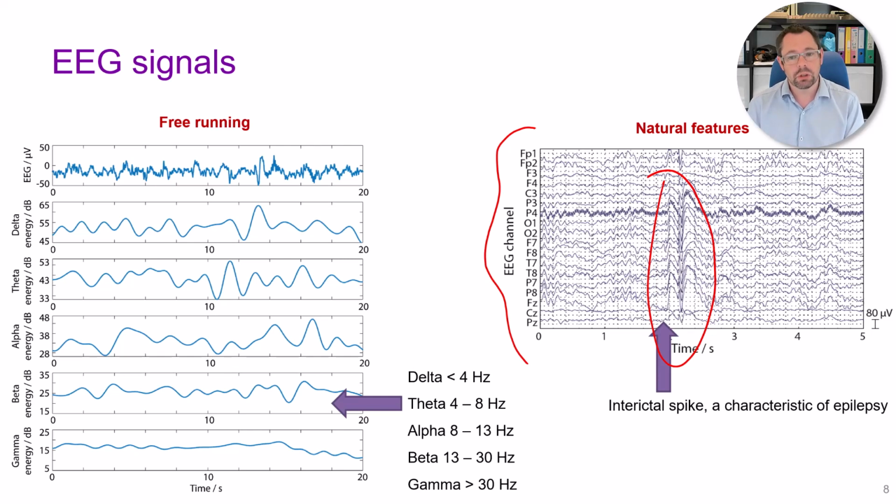What we tend to do a lot is take the time domain signals and decompose them into the frequency domain. I'm not going to go over how we do that. Fundamentally, we take the Fourier transform of the time domain signals. And we often look at some standardized frequency bands. So very low frequencies tend to be called the delta band. There's a lot of interest in what's called the alpha band between about 8 and 13 hertz.